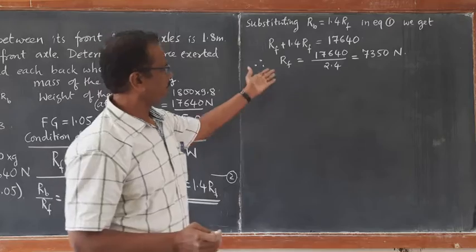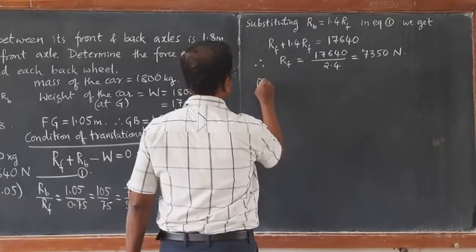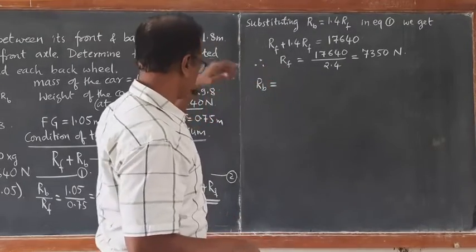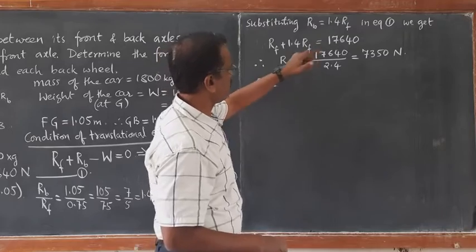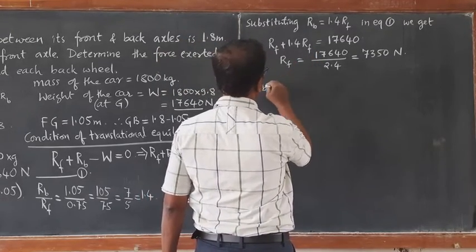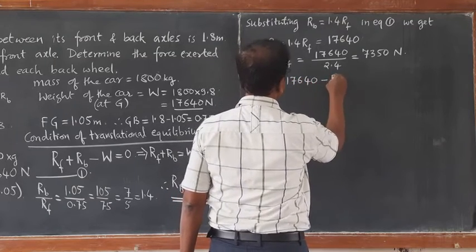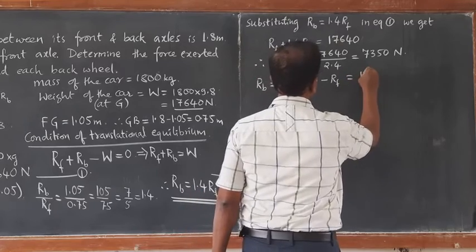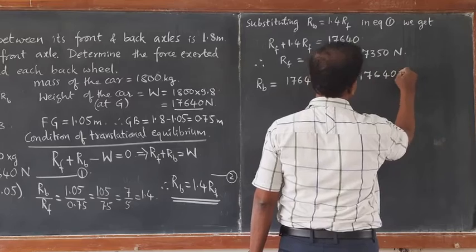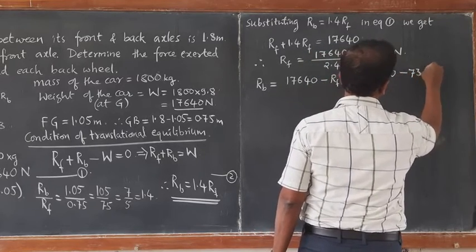So using this we can calculate RB. Therefore RB, using this equation RB equal to 1.4 times RF, or you can just calculate RB equal to 17640 minus RF, 17640 minus 7350.